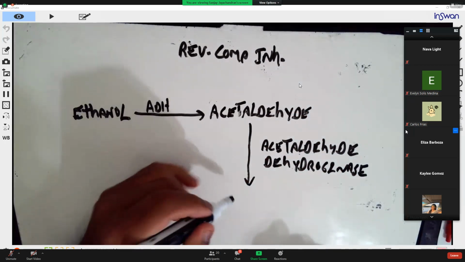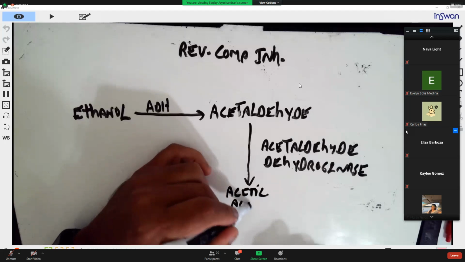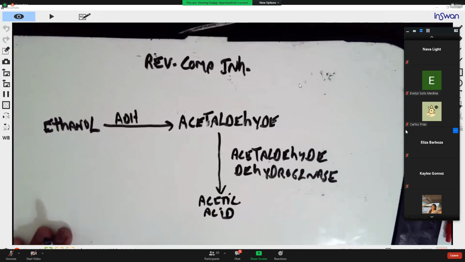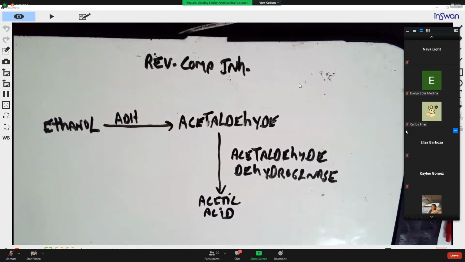It's quickly converted into a weak acid called acetic acid. So that's what's happening here. Now, let's say I give you a chemical that blocks this second enzyme. What's going to happen to you?